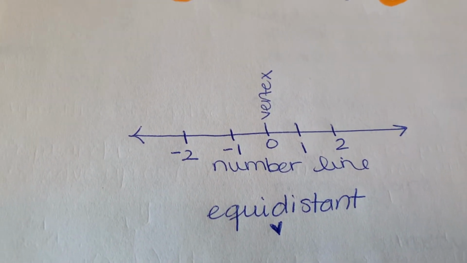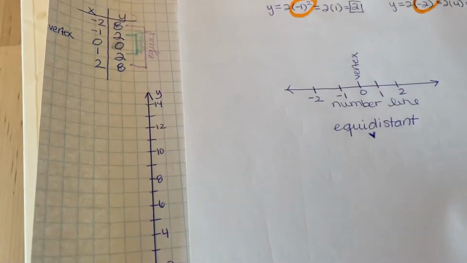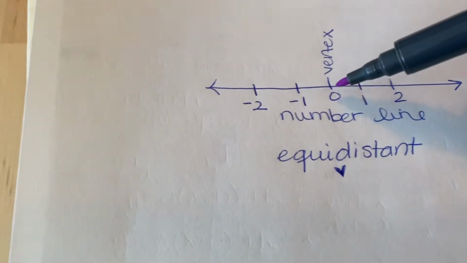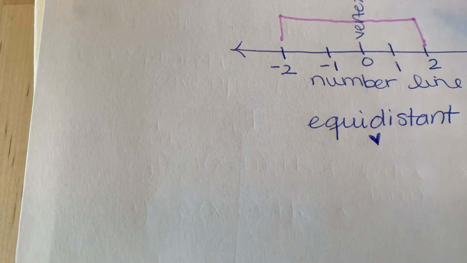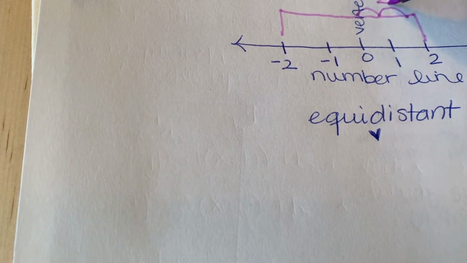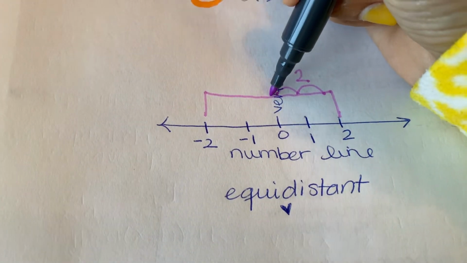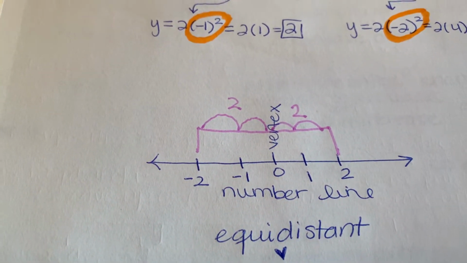What I mean by that is, which color did I use for purple? Okay, -2s and 2s. I just want to make sure I'm color coding correctly. If this is my 0, 2 and -2 are both 2 units away from 0.